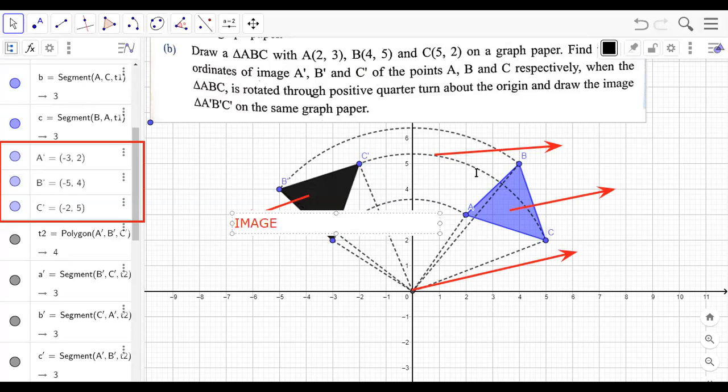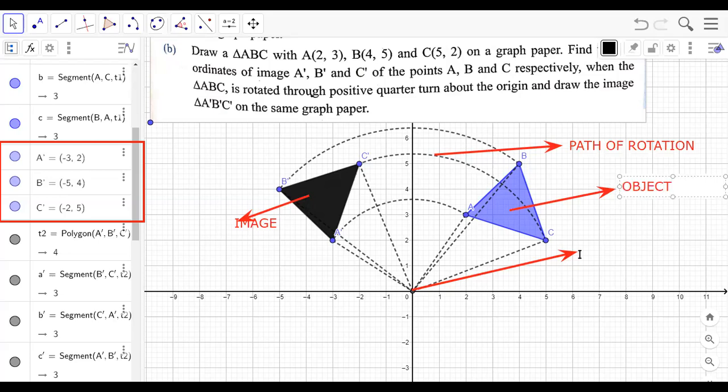Very good. It is the image, and what do we call this? Path of rotation. Path of the rotation, and it is just the object, and this is the center. Okay. Finally, we labeled all these required pieces of information.